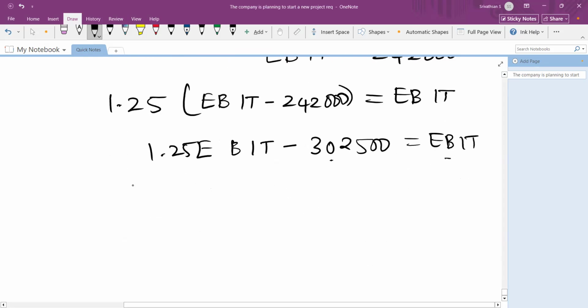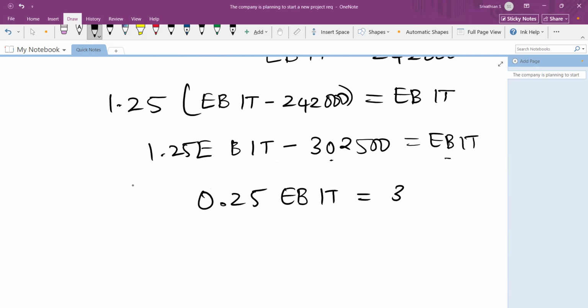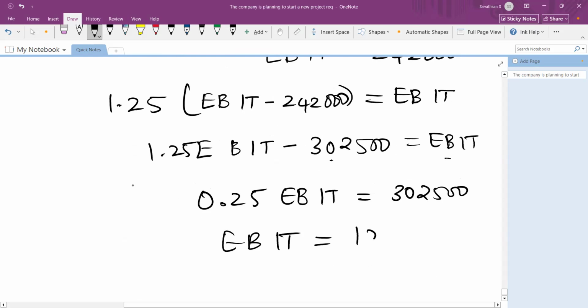So we get 0.25 EBIT is equal to 3,02,500. So 3,02,500 divided by 0.25 is equal to 12,10,000. So EBIT of the company is 12,10,000.